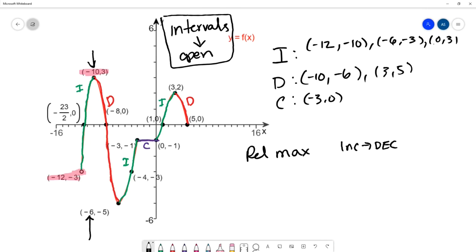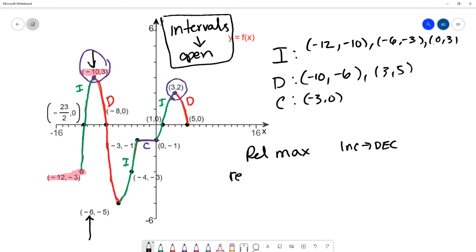So we're going to look on our picture for any spots where we see it change from increasing to decreasing. So this particular ordered pair here, you can see it changes from increasing on the left and decreasing on the right. And this spot right here, you can see that there's a change from increasing on the left, decreasing on the right. So this particular graph has two relative maximums.